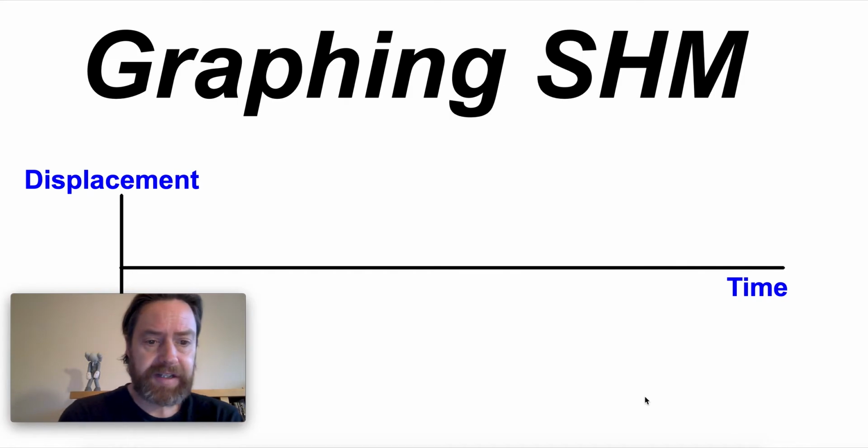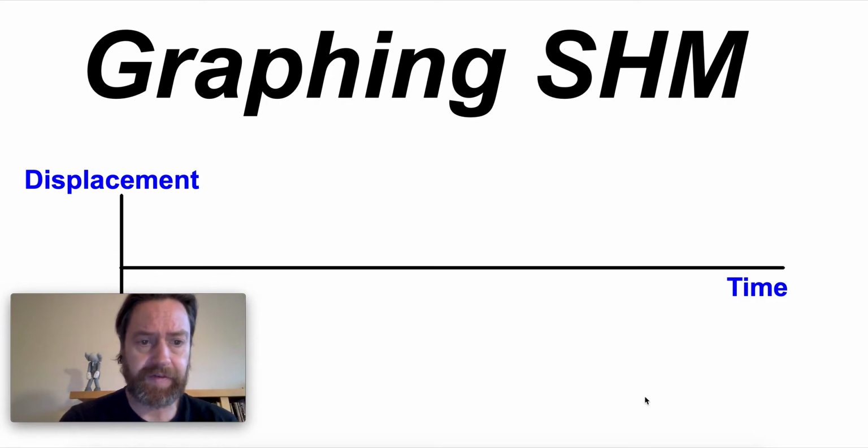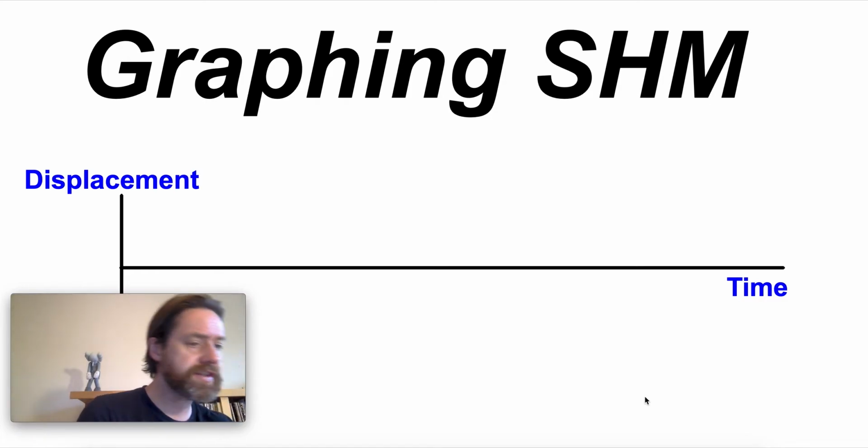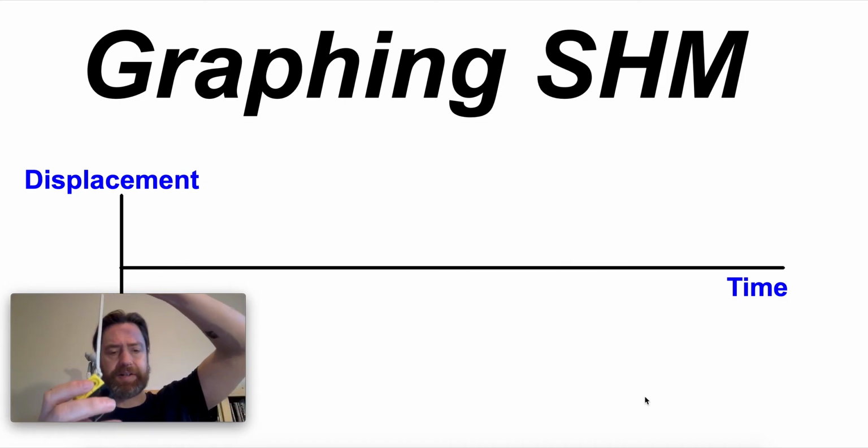So I'm going to ask you first of all to get a bit of paper and sketch yourself some axes, displacement and time, like the stuff you see on the screen in front of you. And I would like you to sketch this. Here's my pendulum. I'm going to start off with a positive displacement.